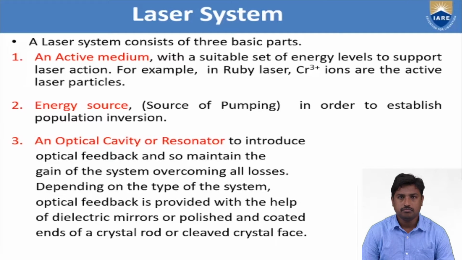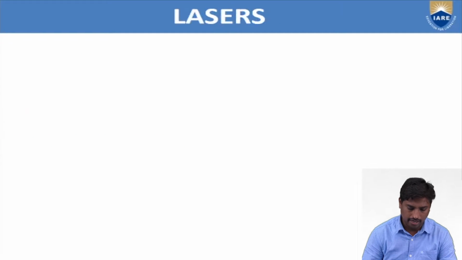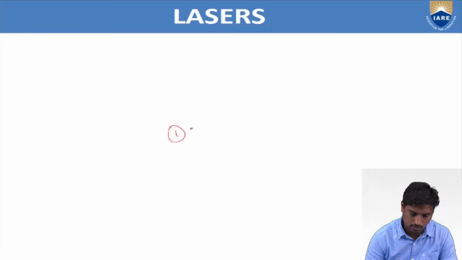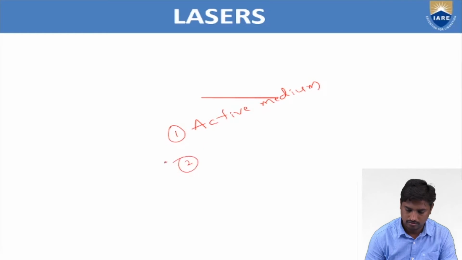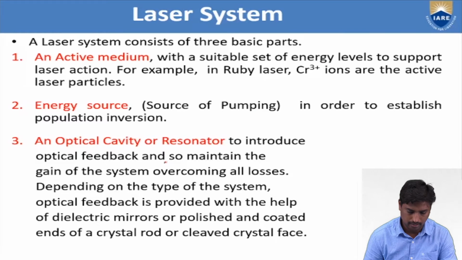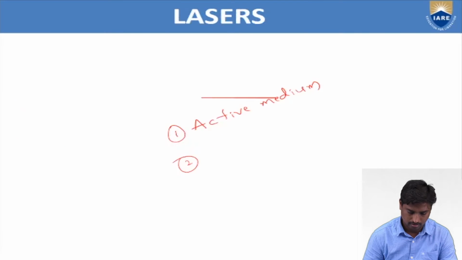A laser system consists of three basic parts. The first one is the active medium. Second, the pumping mechanism, the energy source.